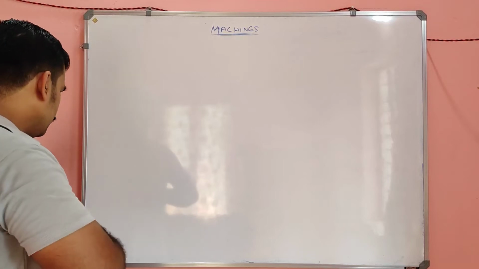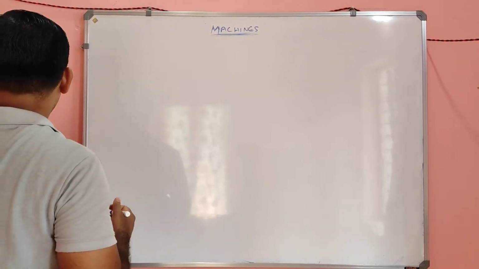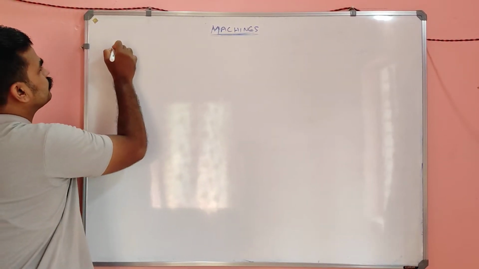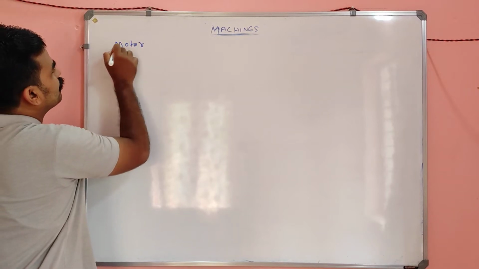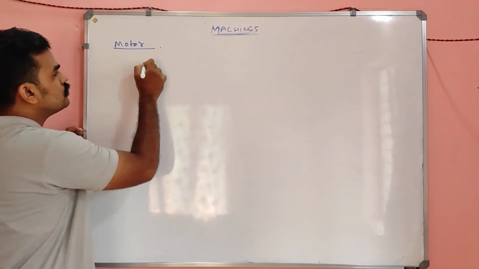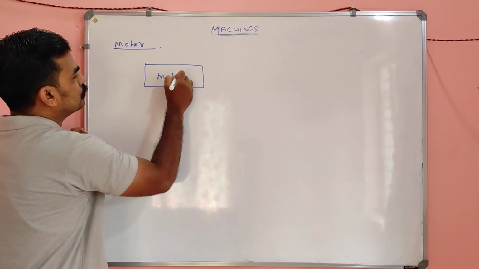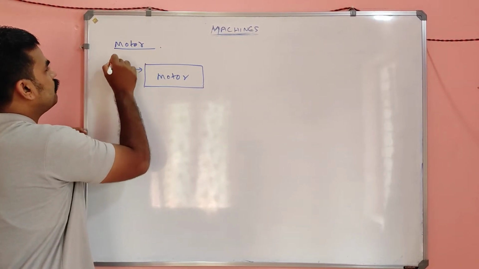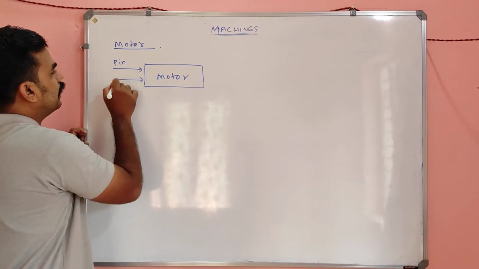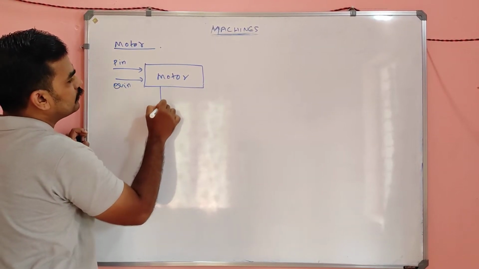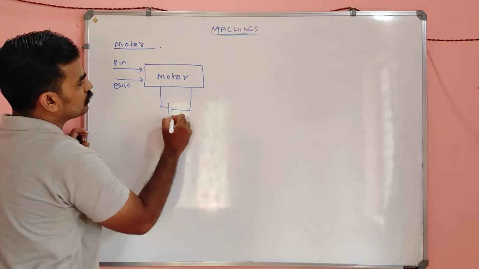So now we are going to deal with power factor control in a motor. This is nothing but, my dears, a motor. Here we are giving a P input and Q input, and we are giving the excitation also, correct?